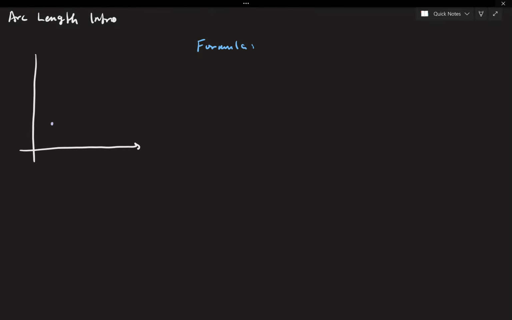So, here's how I'm going to do it. Pretend I've got a function, f of x, and I want to find the arc length of it from a to b.